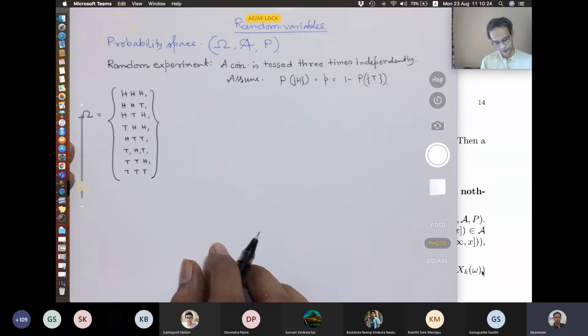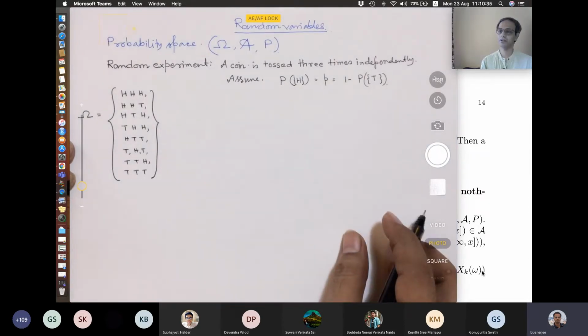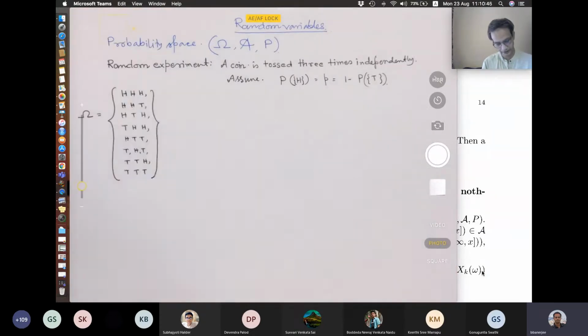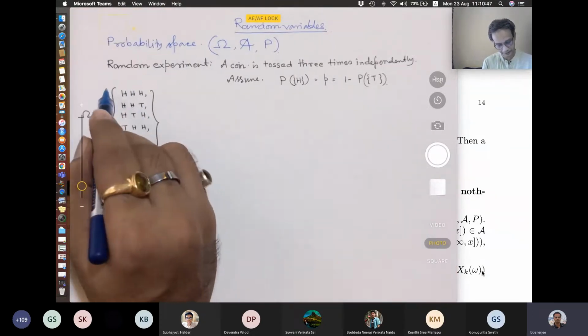Okay. Now, what we do, we assign some number to head or tail. And with that assignment, you can also have some story behind. We can assign for many different purposes.